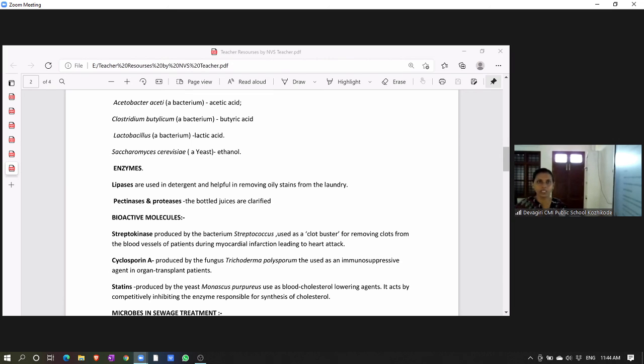The molecules which are produced as a result of microbial activities are known as bioactive molecules. Example, any example you can write.